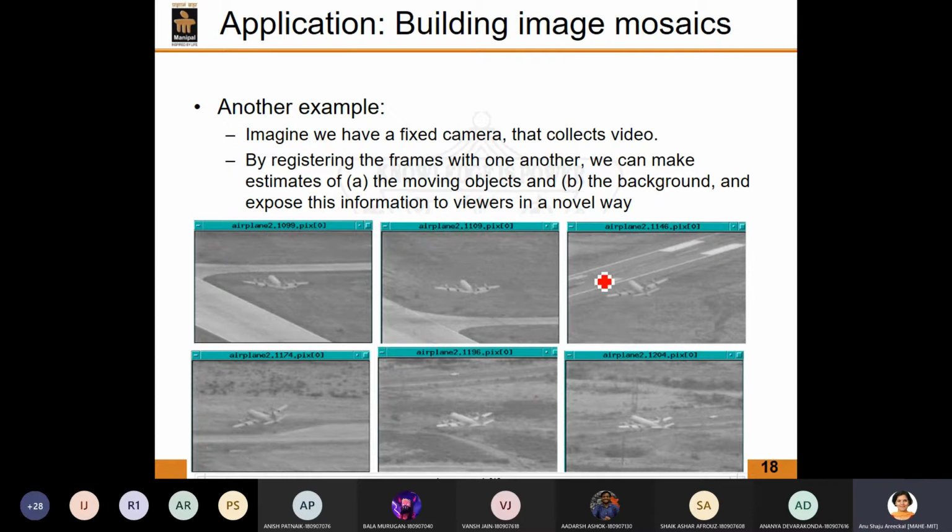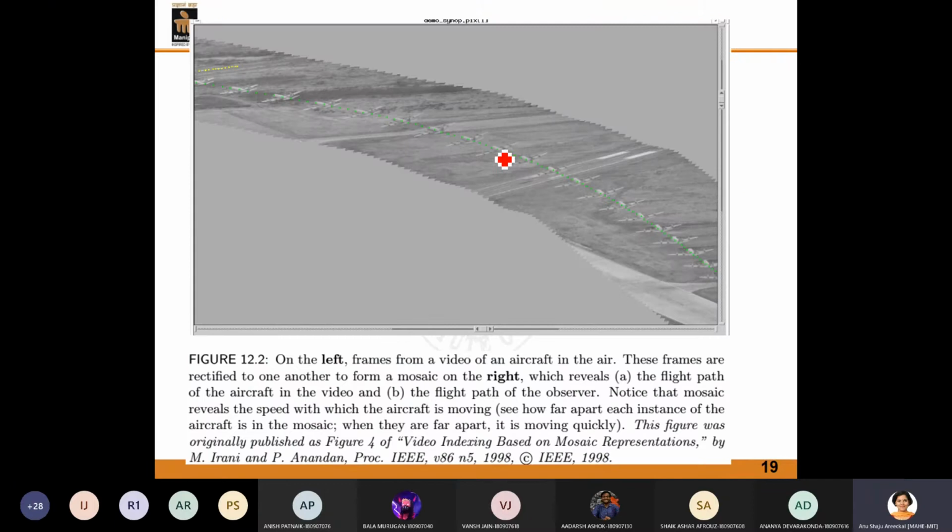So when you try to register this particular kind of images where the background remains the same, but the object is moving, an example is like this, where you can see the aeroplane moving in all the images. It's the same plane over here. That is basically, you'll be able to find what is the trajectory of the aeroplane, right? So this is another example of how you can apply image registration.